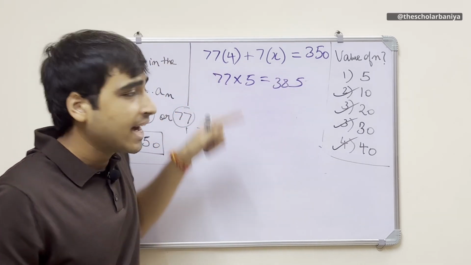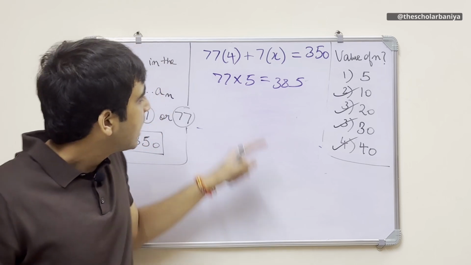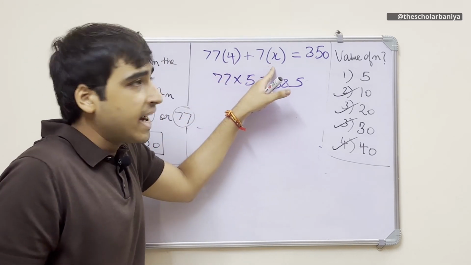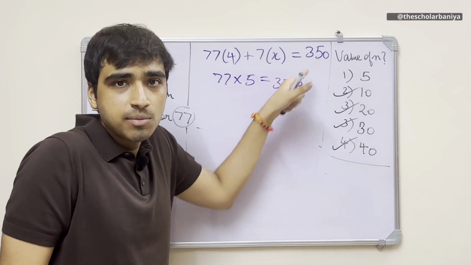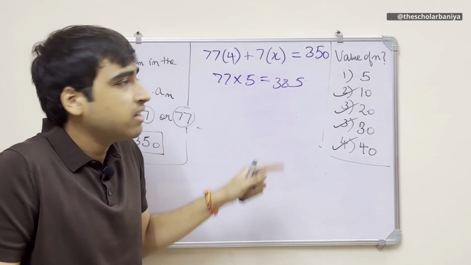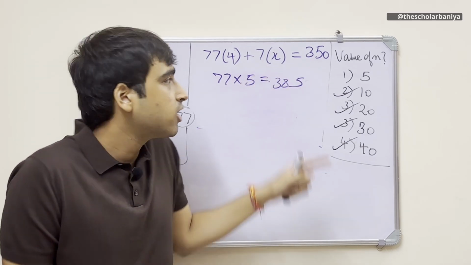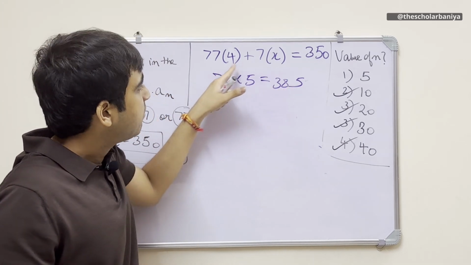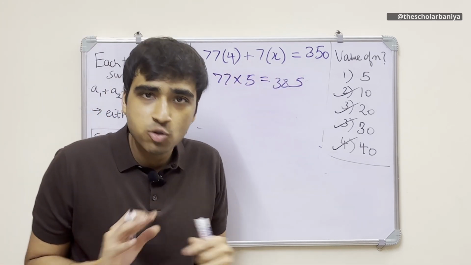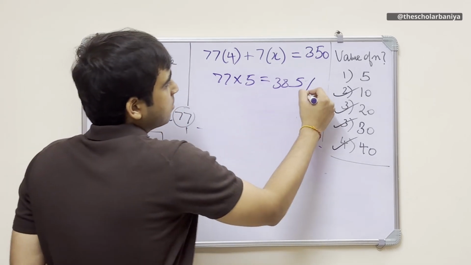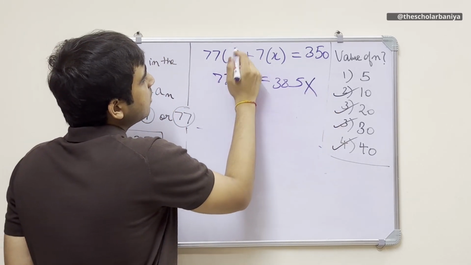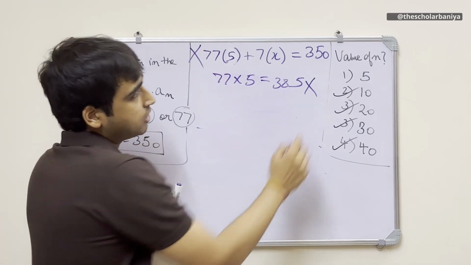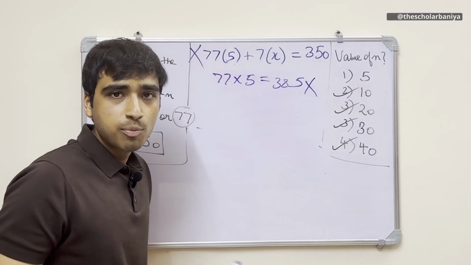If this number is greater than 350 and we're adding something, then it's impossible to get 350, unless the other part is negative, which is not possible because it has to be positive. So we cannot take 77 times 5. Getting 5 over here is not possible at all.